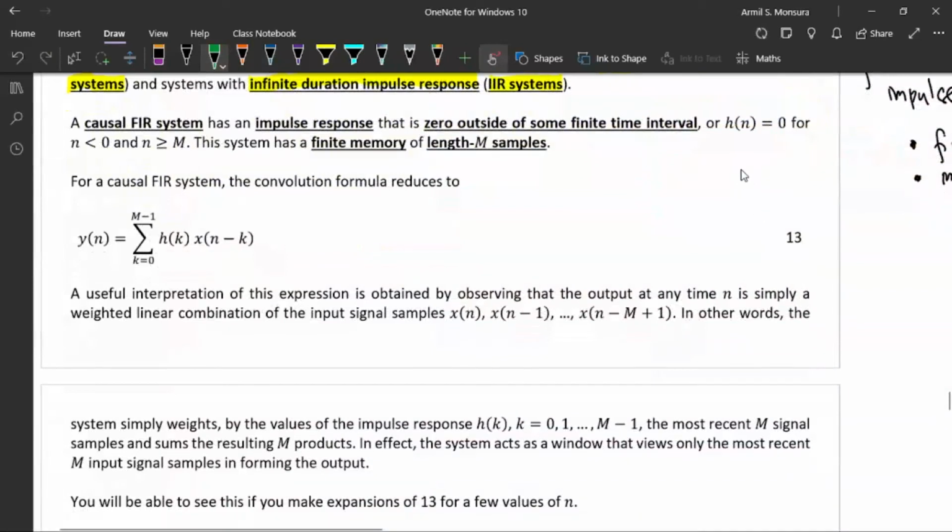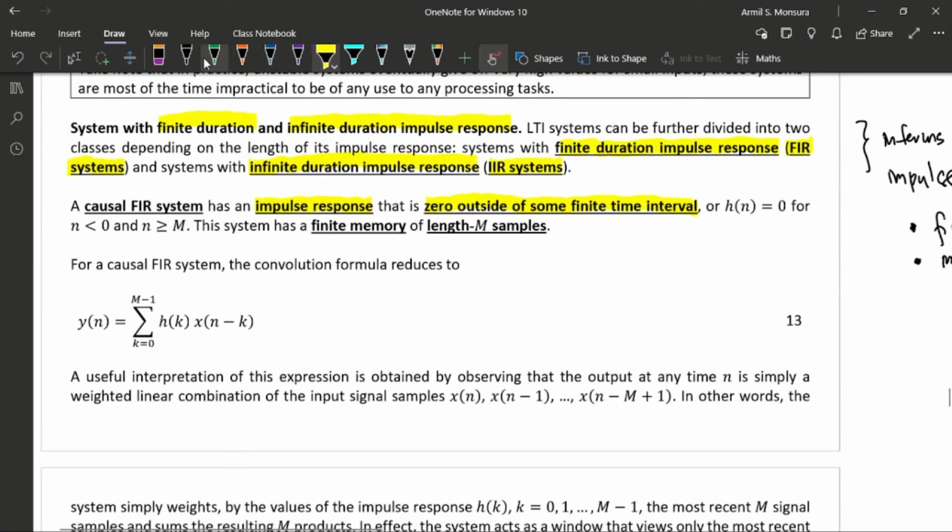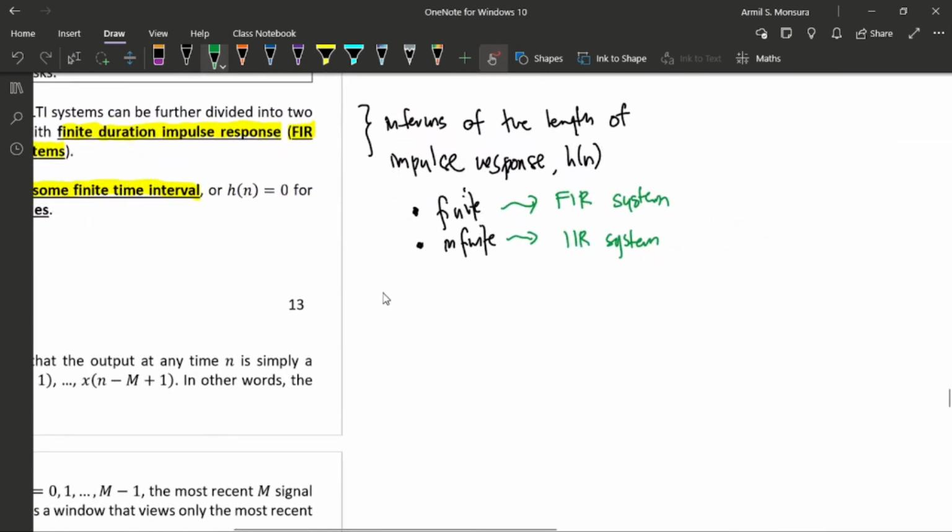Okay, now, a causal FIR system has an impulse response that is zero outside of some finite time interval. Again, take note na finite yung length ng impulse response ninyo. So if you have an FIR system, yung h of n ninyo is a sequence having finite non-zero terms.